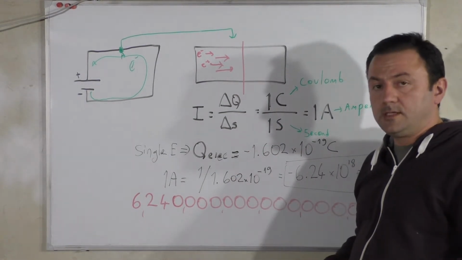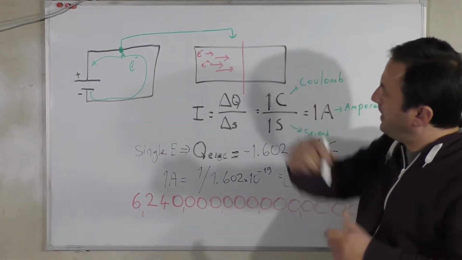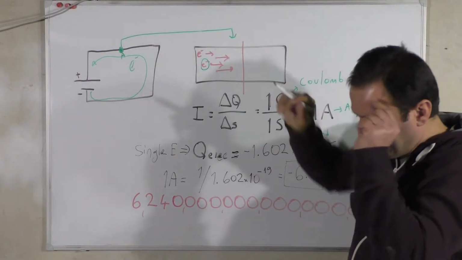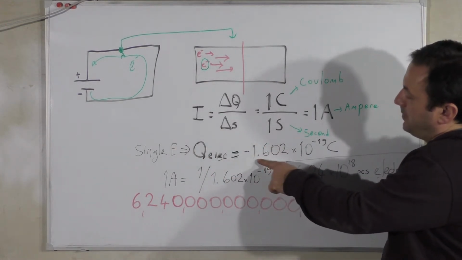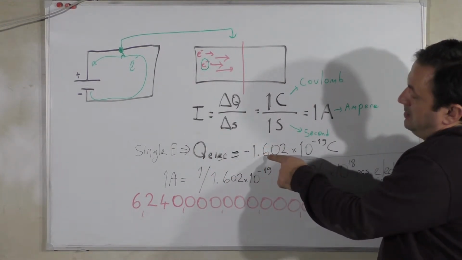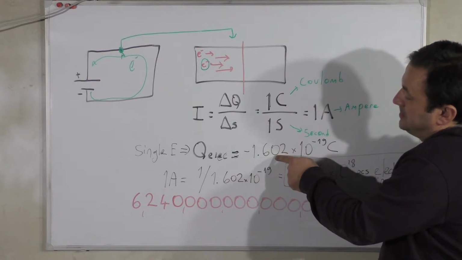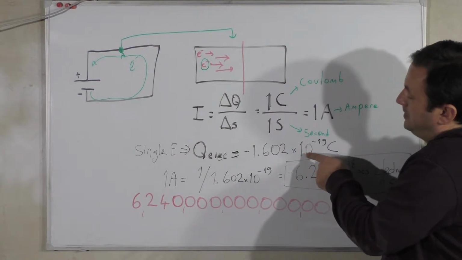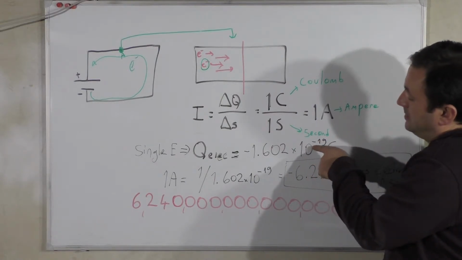Also we know one single electron, one particle, that small single electron, has a charge of 1.602 multiplied by 10 to the power of minus 19 coulombs.